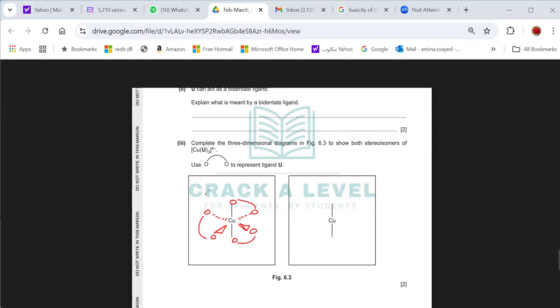And the other one, of course, we have to put the minus 4. And here we will do the same, but it will be a mirror image because this is an optical isomer. So here we draw it as a mirror image of the other, and we draw the charge, minus 4.